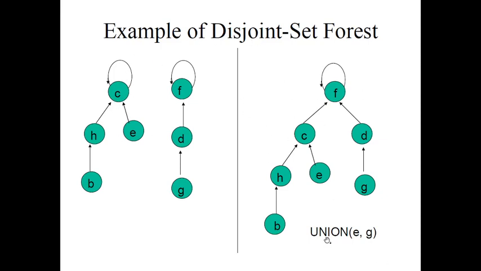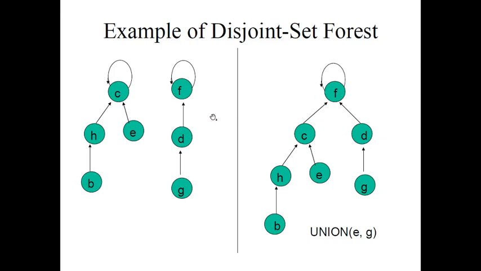Okay, before that let us go for union of E comma G. That means the set containing E and the set containing G. This is the set containing E and this is the set containing G. Then what are we going to do? We have to take the union. And who is going to be the root of the new tree? We don't know. Maybe the representative of the first tree or maybe the representative of the second tree.